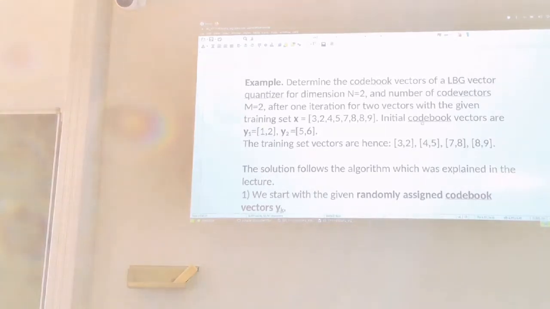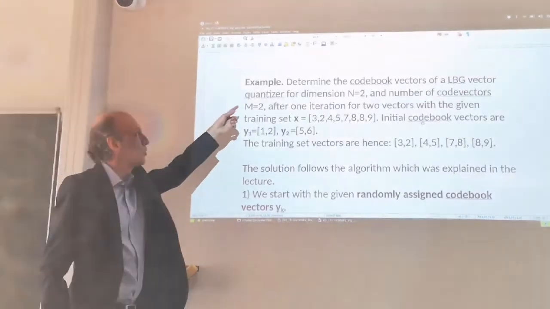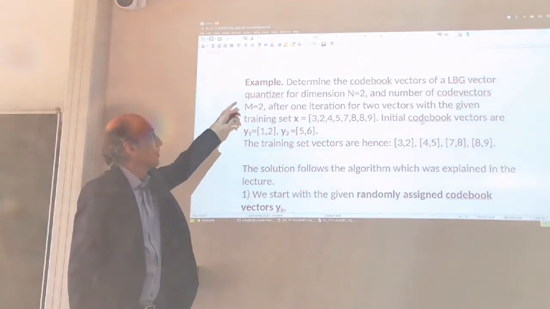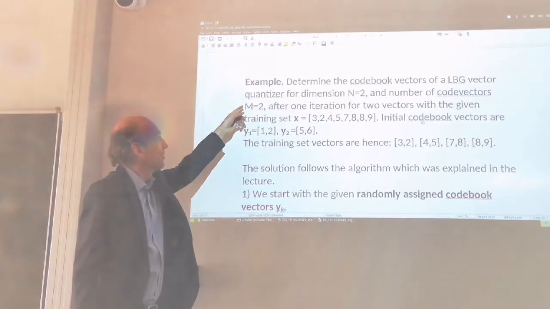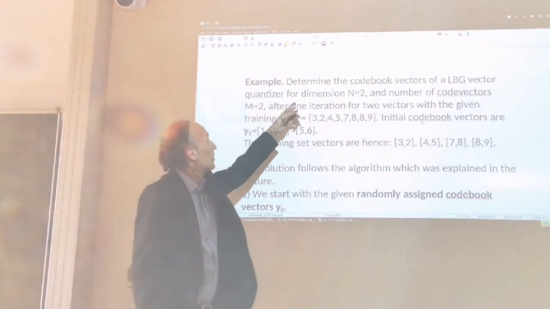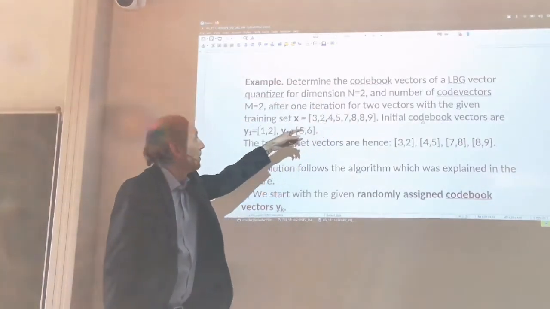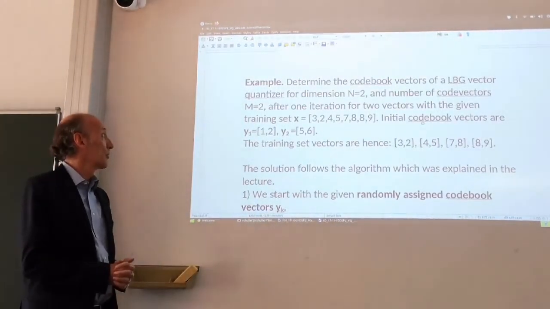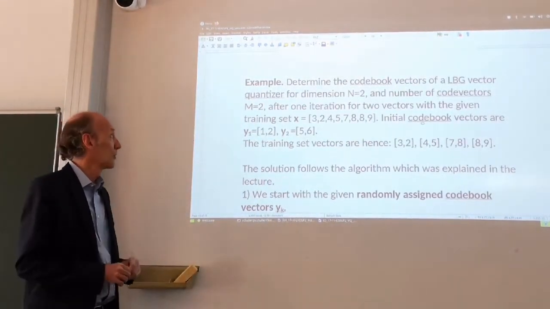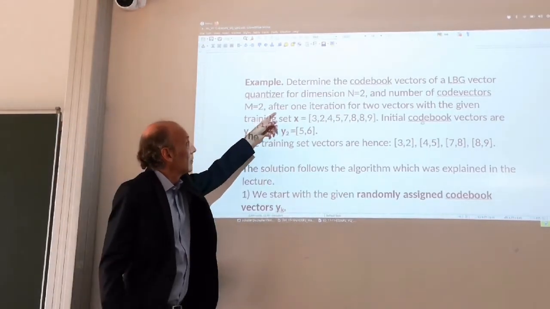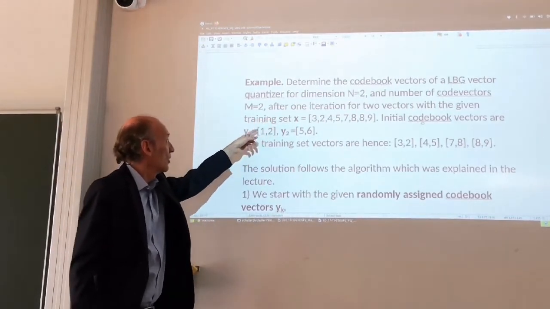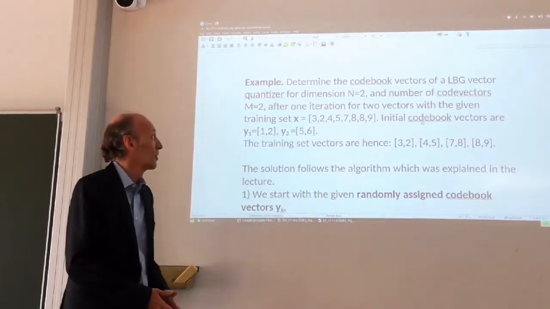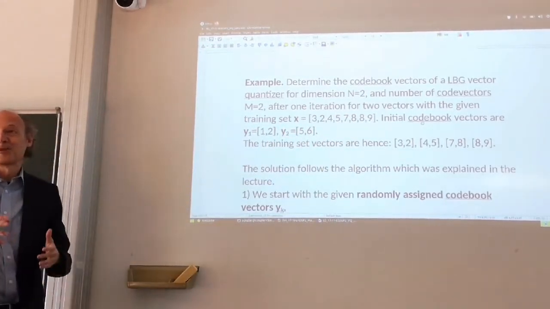Yeah, now an example. We want to determine the codebook of vectors of an LBG vector quantizer for dimension n equals 2, and the number of code vectors should be 2, so just 2 vectors, after one iteration for 2 vectors with a given training set x, and this is your sequence of samples, so it's a toy example.